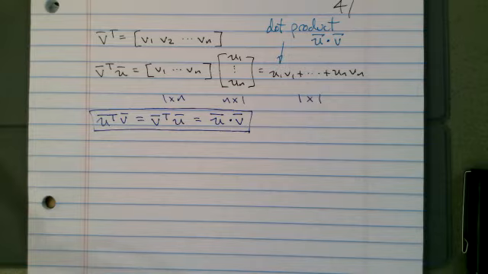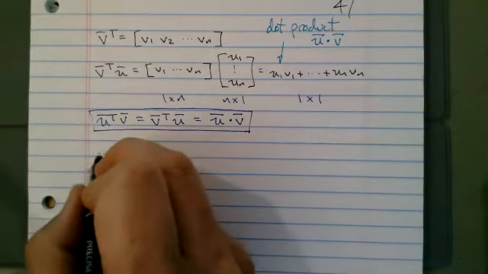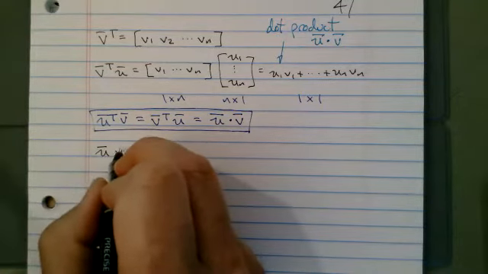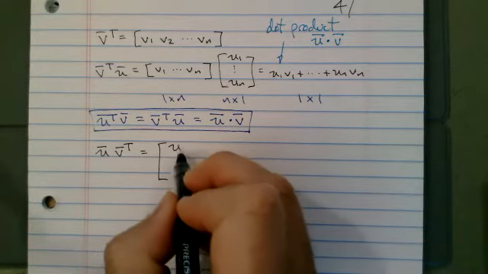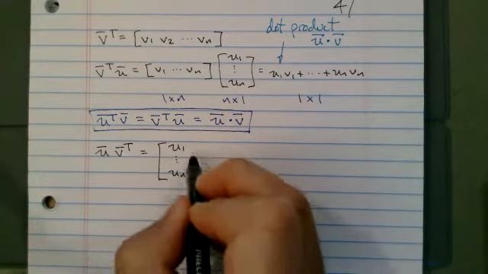The other quantities that we were asked to calculate are U times V transpose. So let's take a look at U times V transpose. So U is this column, U1 down to Un.